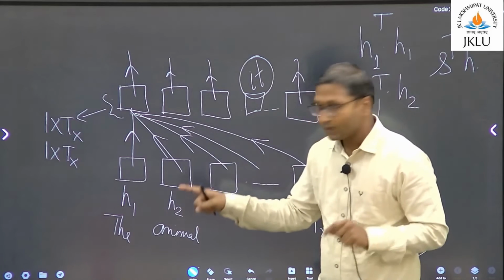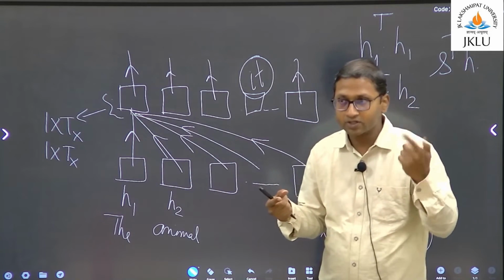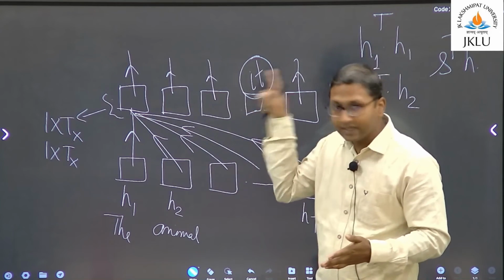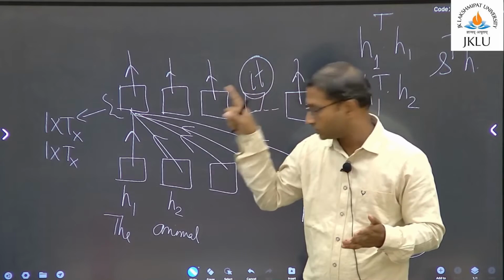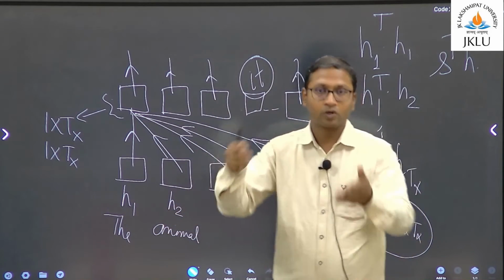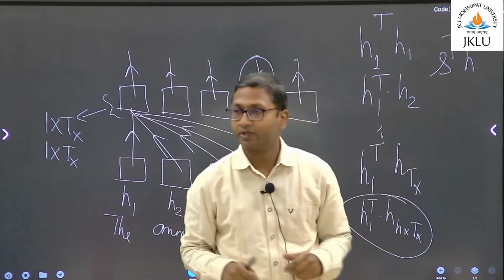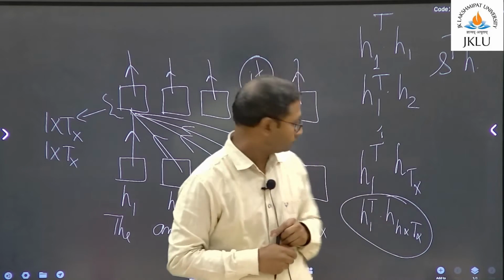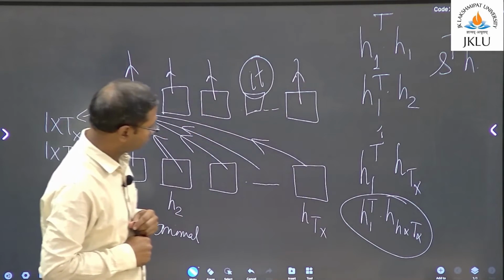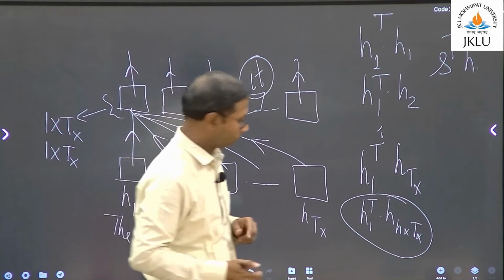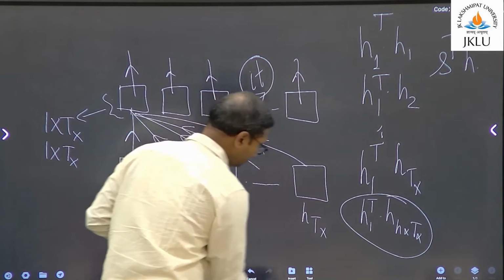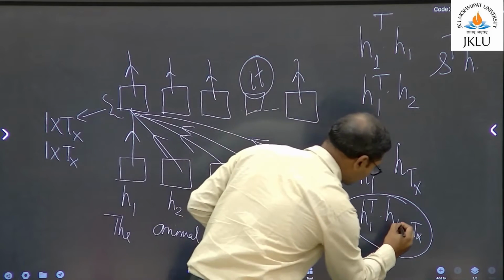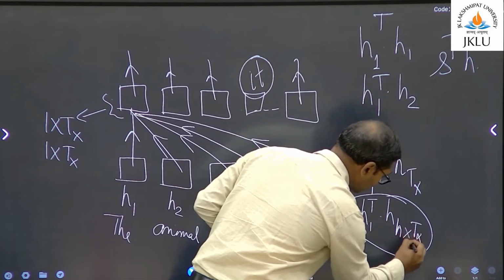See, the animal didn't cross the street because it was too tired. Okay. Now it refers to the animal. So now you look at all the vectors that you are dealing with. Okay. Now, yes. I thought I'll do away, but so this is H cross Tx.